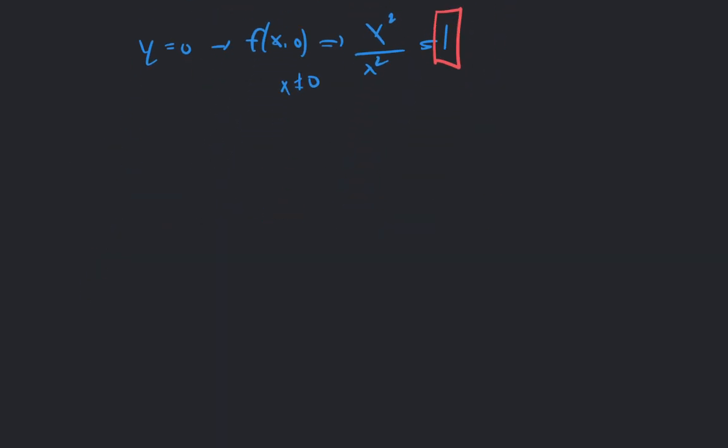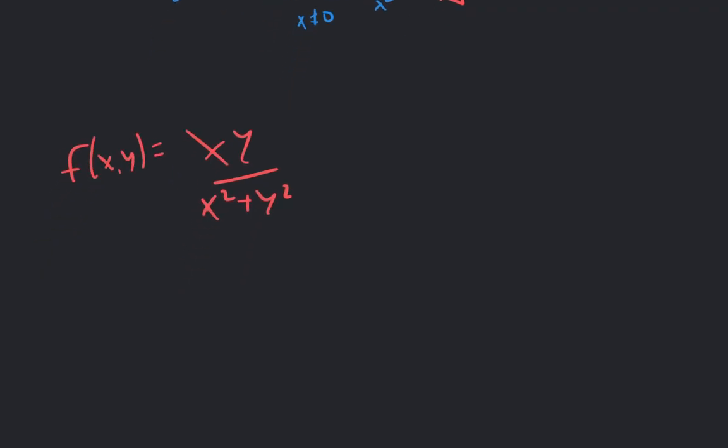For example, now we can go and say we want f of x, y of xy over x squared plus y squared. And we want to find the limit of this function as it approaches 0, 0 of xy over x squared plus y squared.